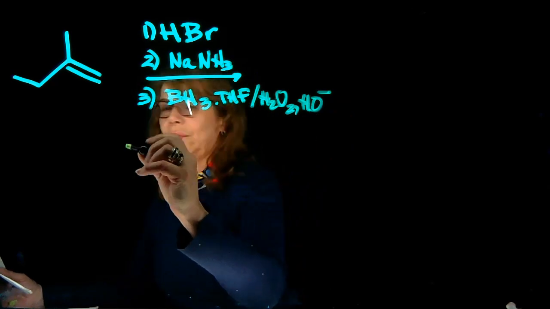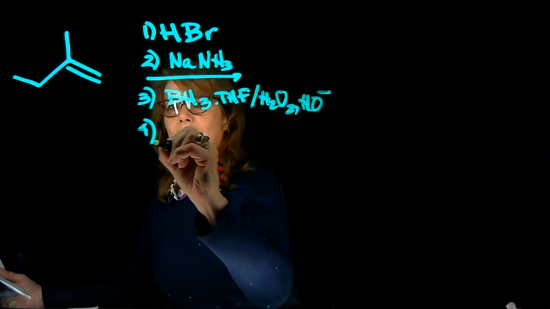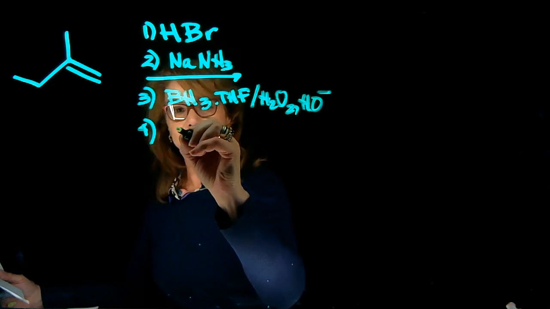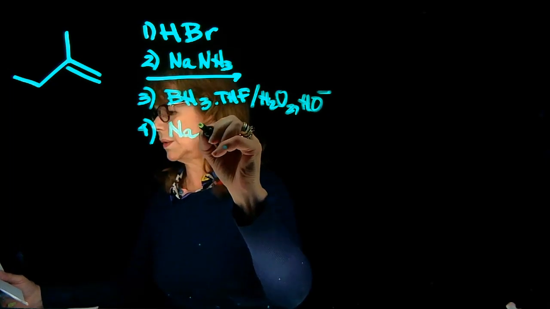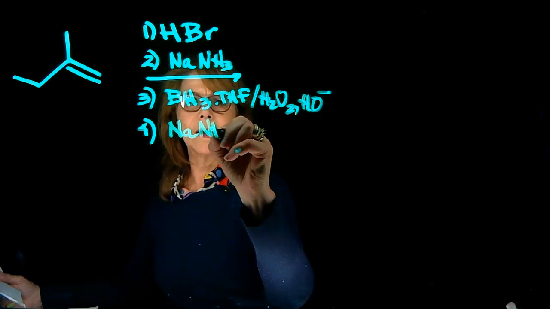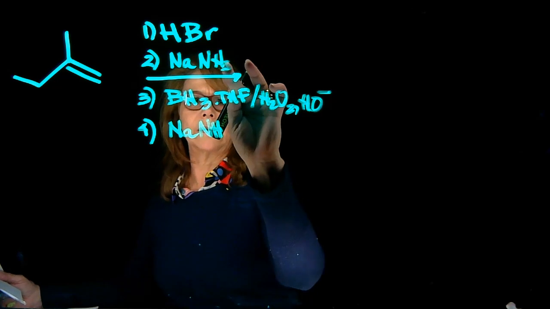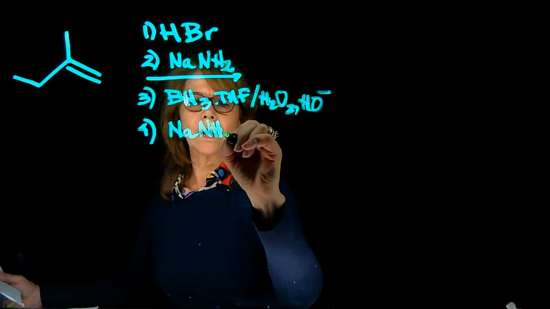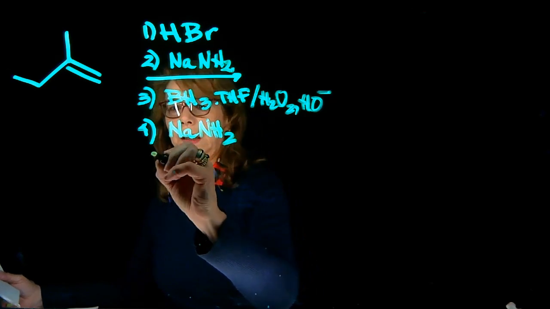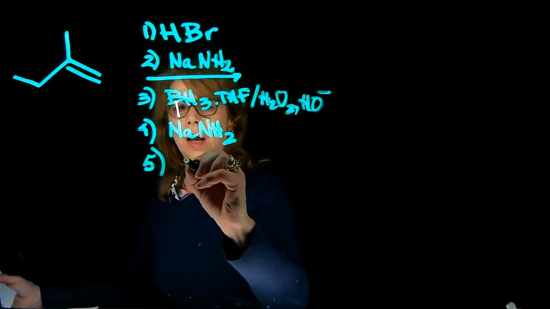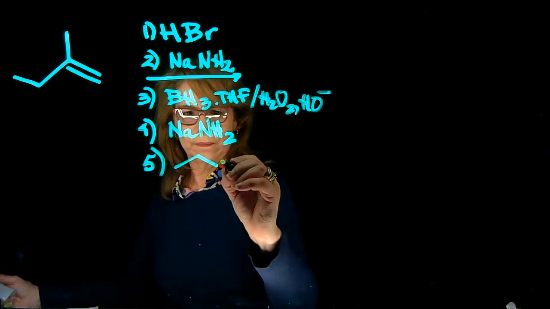And the fourth reaction that we're going to be doing is in two stages. Let's separate it. We're going to be doing again sodium amide. This is an NH2. Sodium amide, and then we're going to be doing ethyl bromide.